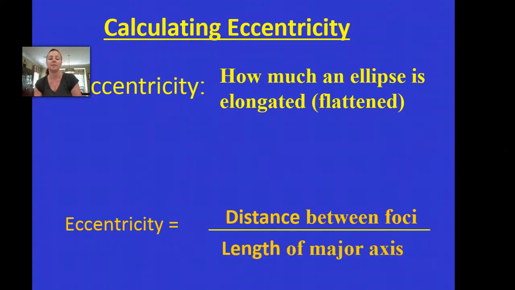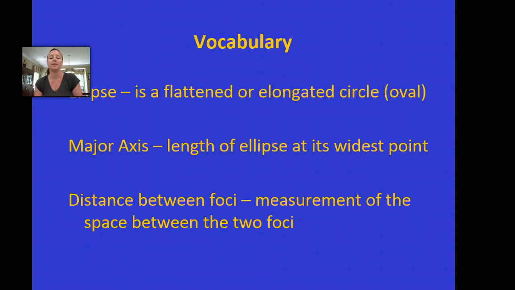That is the distance between the foci divided by the length of the major axis. And we're going to go into those vocabulary terms. So an ellipse is a flattened or elongated circle or an oval. The major axis is the length of the ellipse at its widest point. And the distance between the foci is the measurement of space between the 2 foci.